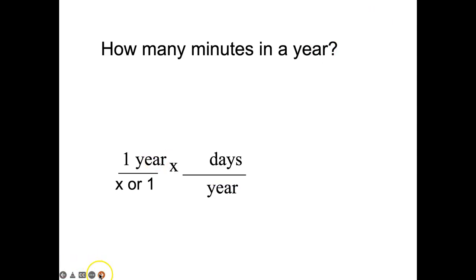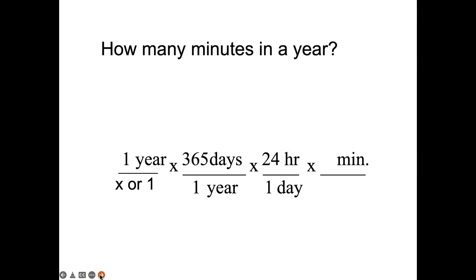And so what's the relationship between days and years? 365 days is 1 year. My years are then going to cancel out, but I'm still not at minutes. But I do know that there are 24 hours in 1 day. So now my days will cancel out, as you can see. And then I know that there are 60 minutes in 1 hour.